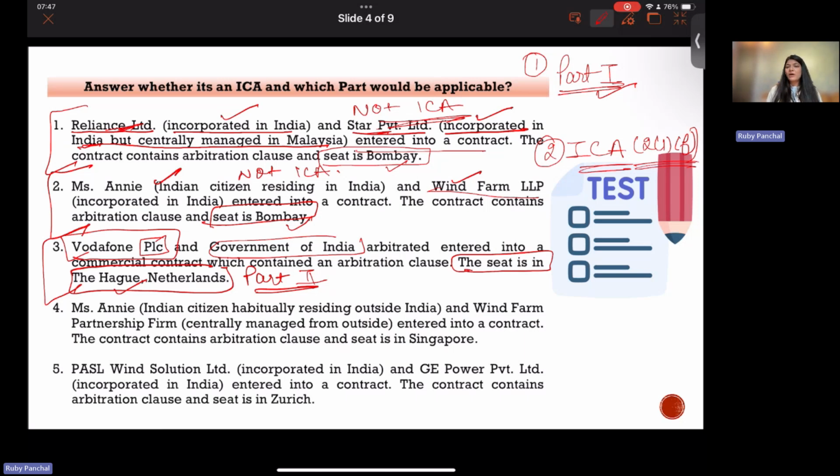Had this been Part 1, guys, so had the seat been in India, what would have been the answer? I hope the answer would have been that it is an ICA because Vodafone is a foreign company. Miss Annie, Indian citizen habitually residing outside India. So now she's an Indian citizen, but habitually residing outside India.